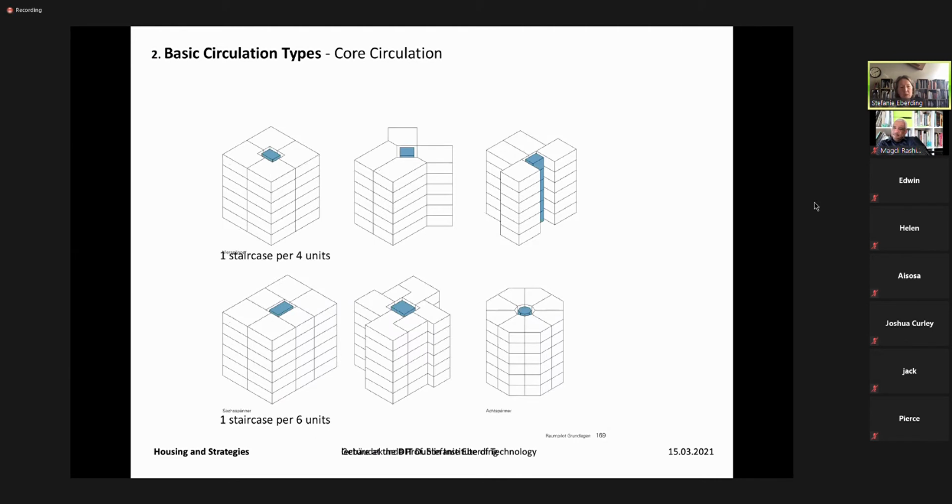And then you go ahead with 4 units and 6 units. And then you have this kind of tower house or core house, where you have the central circulation, the vertical circulation in the middle, and the apartments being organized around them.